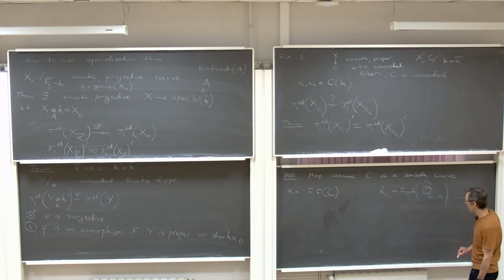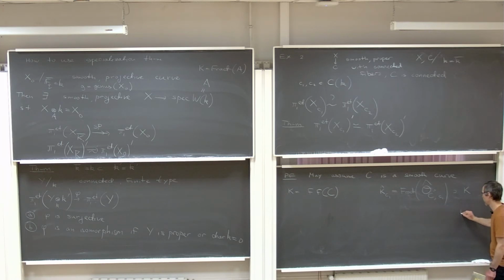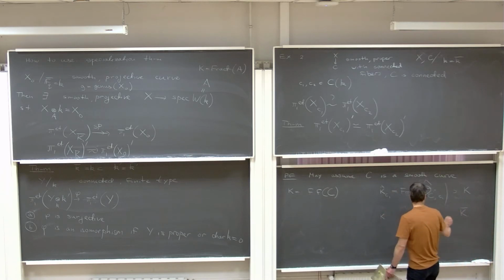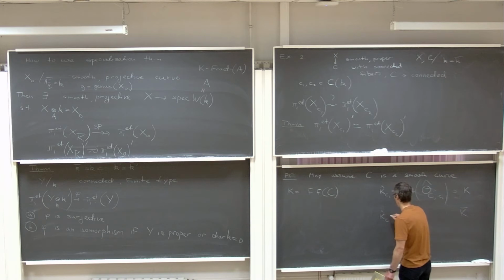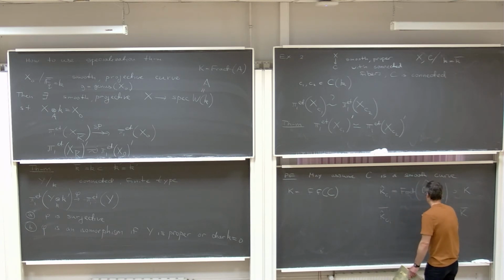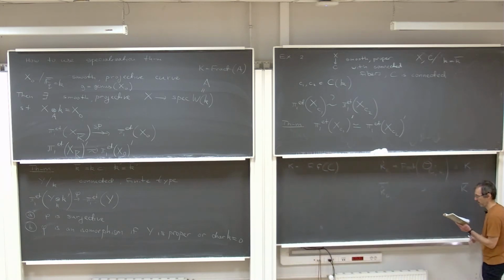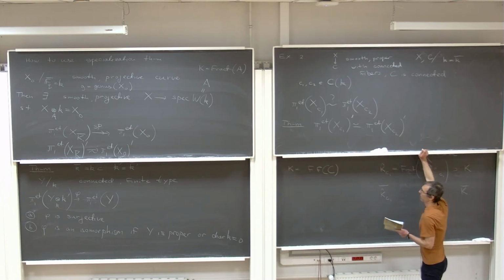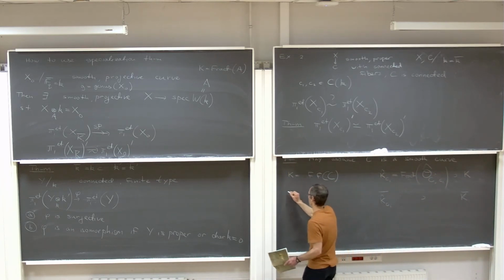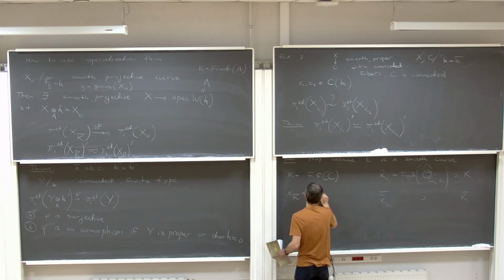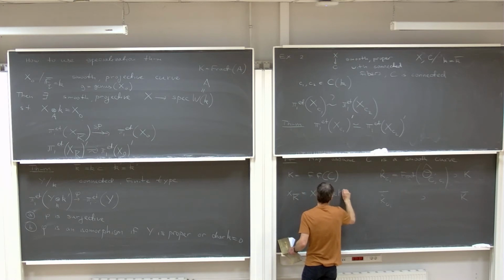So this is a field which contains K, and I also fix an embedding of the algebraic closure of this field into the algebraic closure of this one. And then we'll look at, maybe another piece of notation, X_K-bar will be X times Spec K-bar.